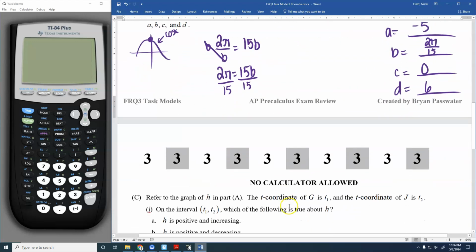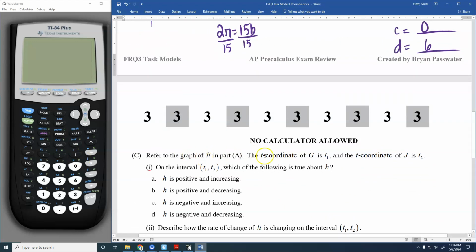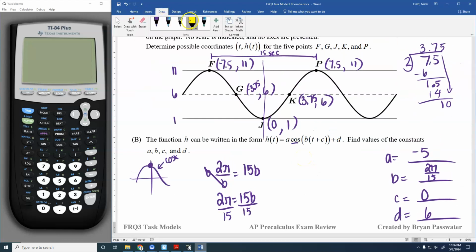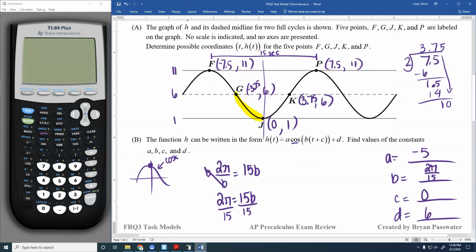Alrighty, let's keep going. C, it says to revert to the graph of, in part A, and we're looking from the t-coordinate of G to the t-coordinate of J. So on that graph, we're looking from G to J, which is this section right here. All right. Is it going to be positive or negative?